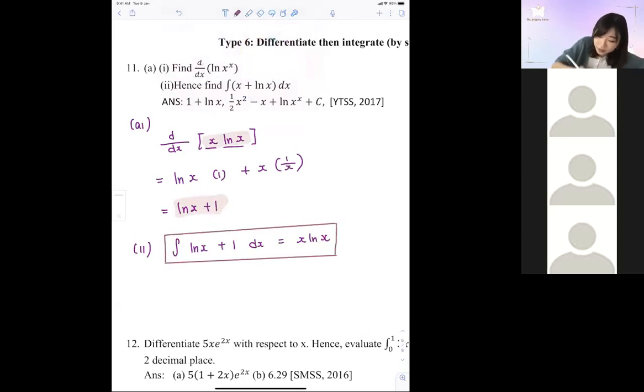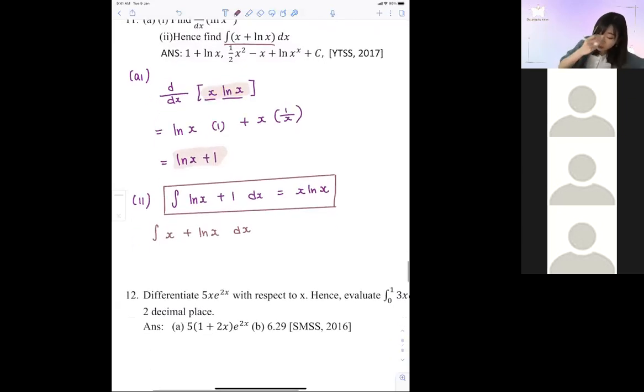Okay, then the next part, they ask you to integrate this whole thing. So you just copy. Okay, guys, can you tell me, can I integrate X? Can, right? X squared over 2, power increased by 1 over new power. But can I integrate ln?